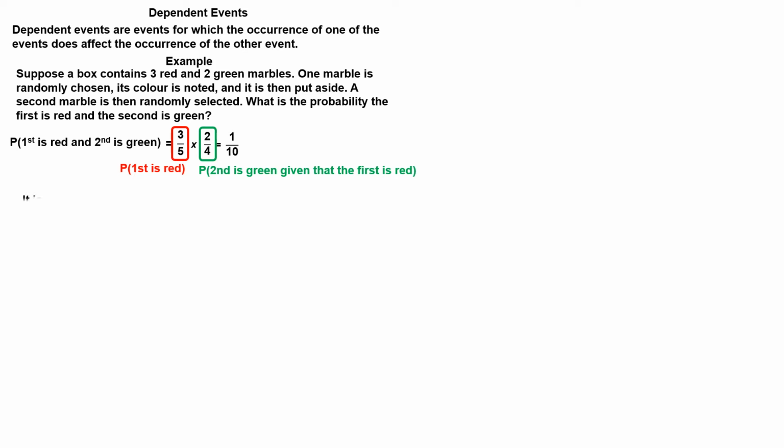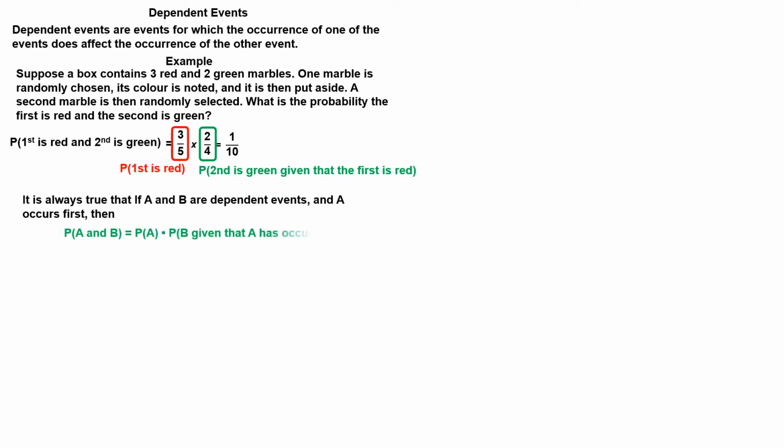It's always true that if A and B are dependent events and A occurs first, then the probability of A and B is probability of A times probability of B, given that A has occurred. This can be written as P(A and B) = P(A) × P(B|A).